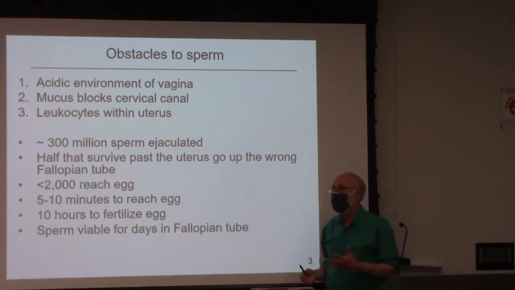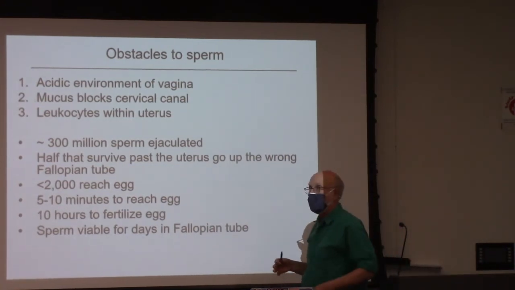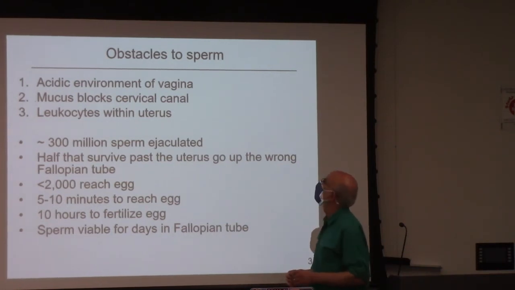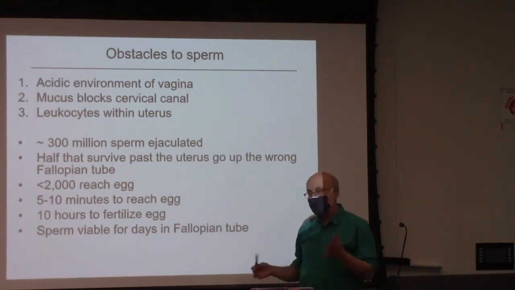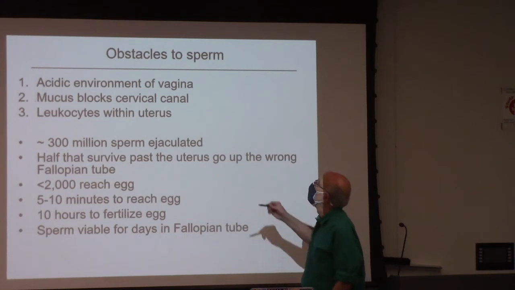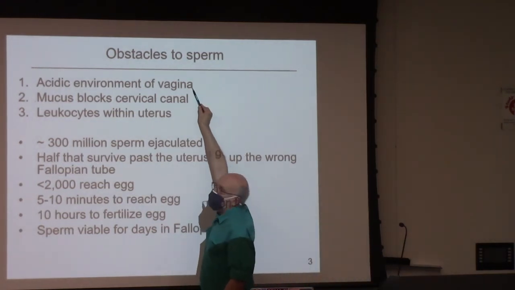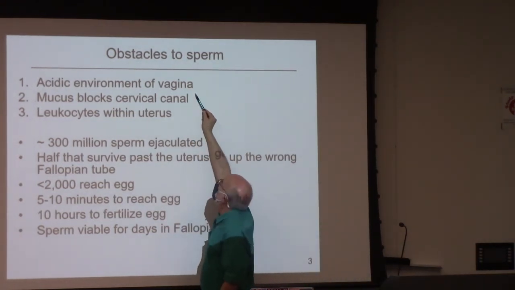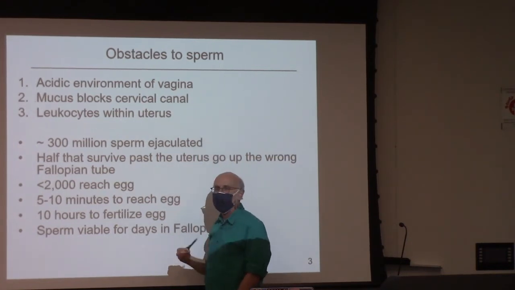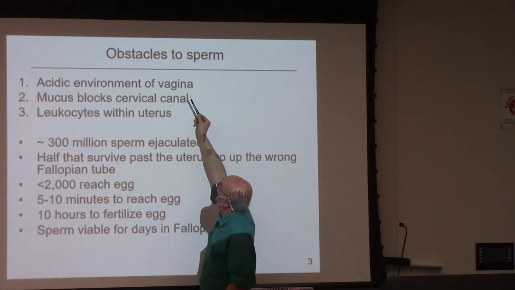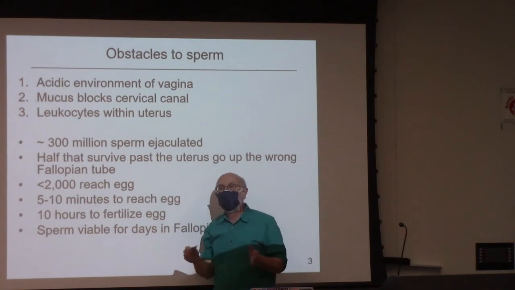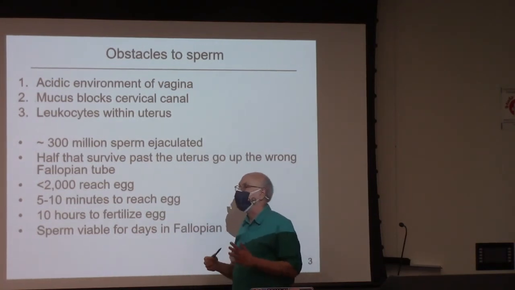In the case of fertilization, obviously sperm is delivered into the vagina. The vaginal secretions, the lubrications of the vagina, are a little acidic, and the acidic environment of the vagina has both negative and positive consequences for the sperm.